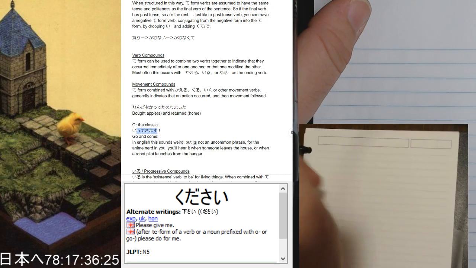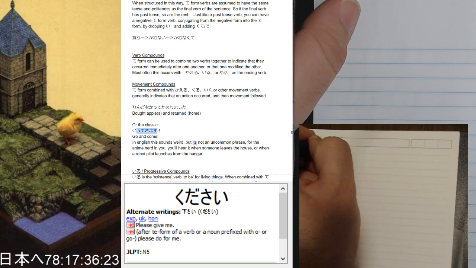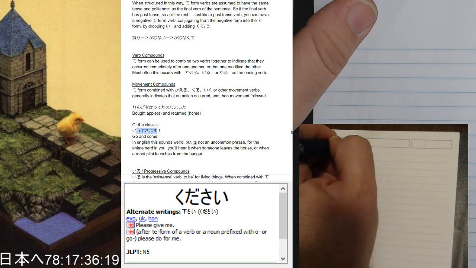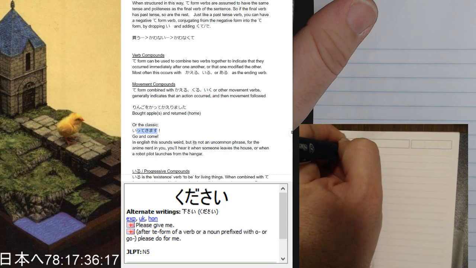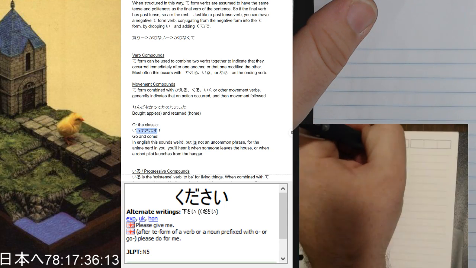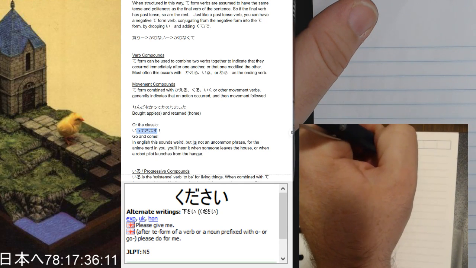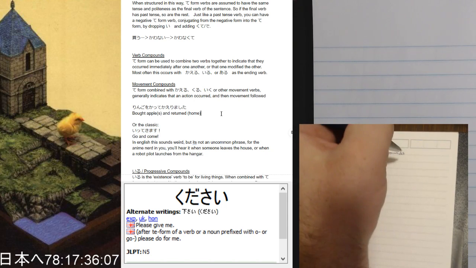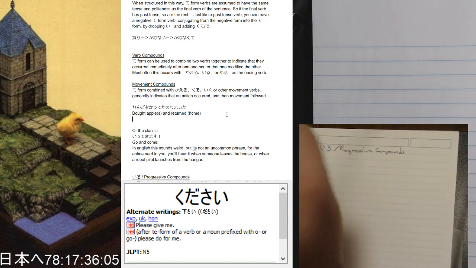So it might be "I'm gonna go buy something." So it might be ite kaimashita. Which I guess I should put in as an entry.